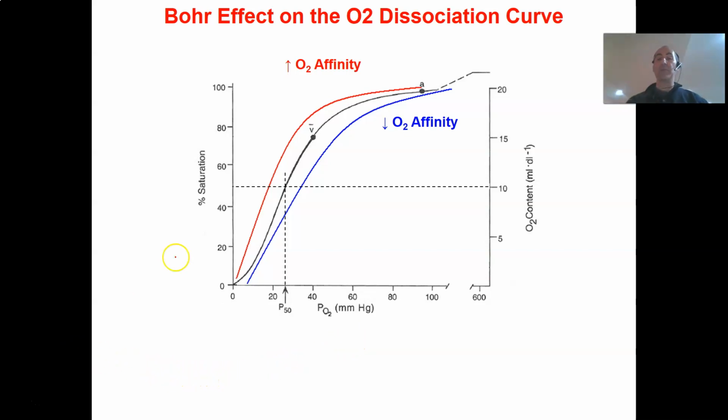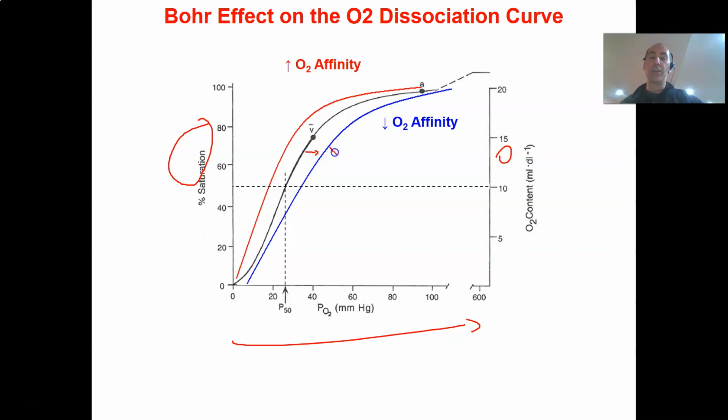Here's an example, and now we have it reversed from the last graph. Content is on this side, saturation's on this side. This is again PO2. What you can see here is three curves. When you have the Bohr effect, you have a rightward shift.